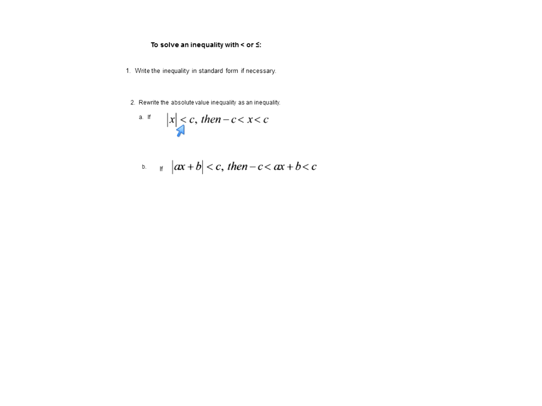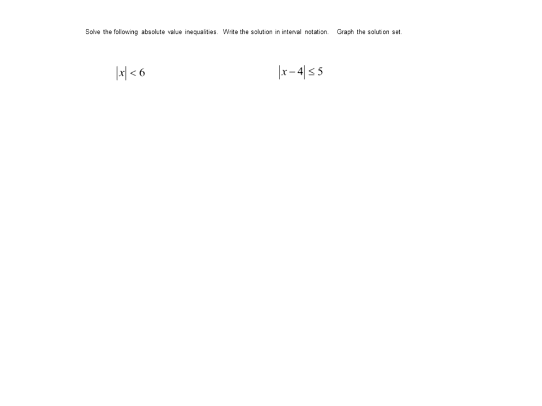And then the left and the right boundaries are a negative and then a positive of whatever this inequality was less than. The same thing happens if you have an expression. You would put that expression in the center, drop the bars, and then you have less than and a negative and a positive of that value that the absolute value is less than. So let's solve a couple of these.